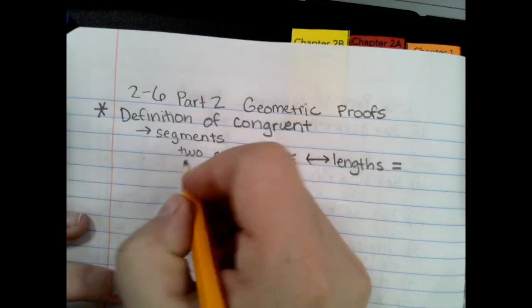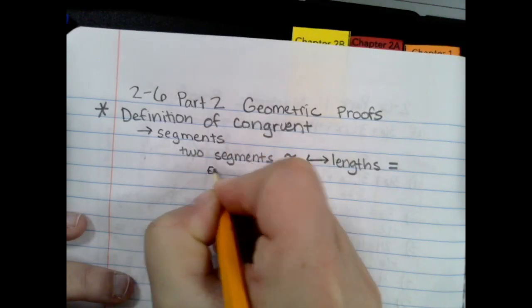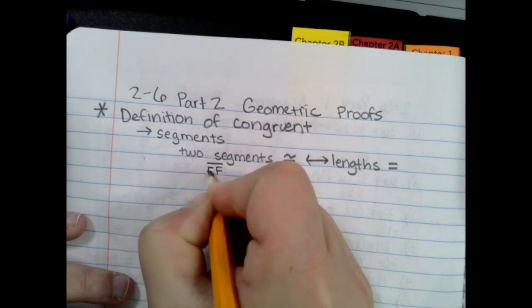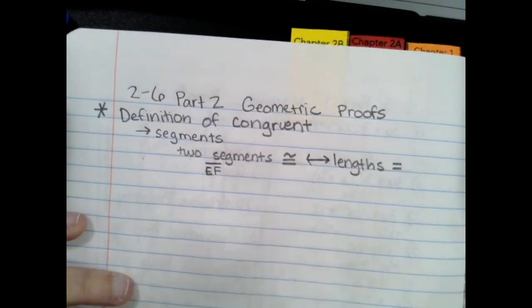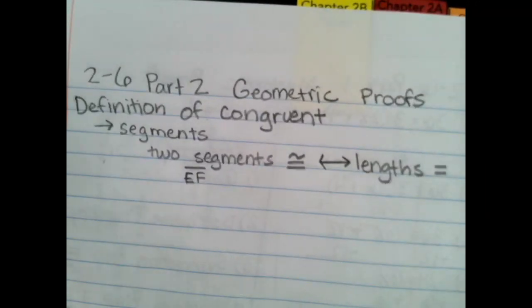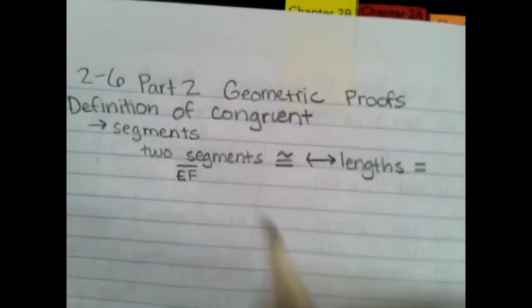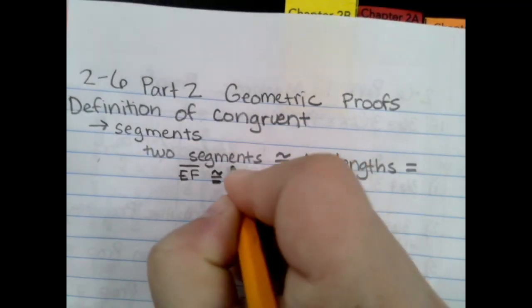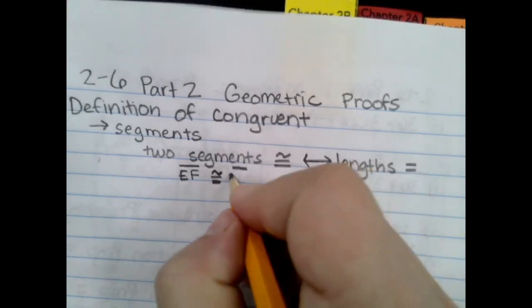Okay, so that would look like if I knew segment EF, when we do congruent, we do call it segment EF with a name. So we put that little line above. So segment EF is congruent to segment MN.